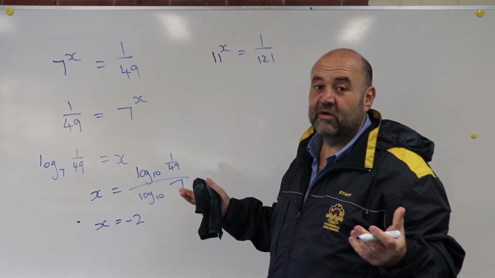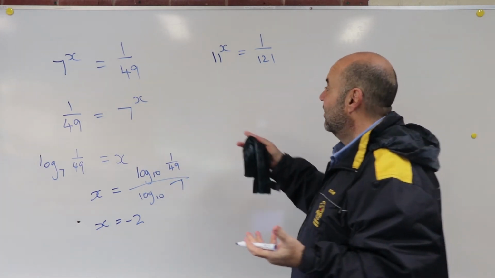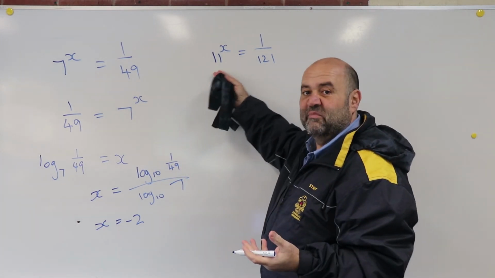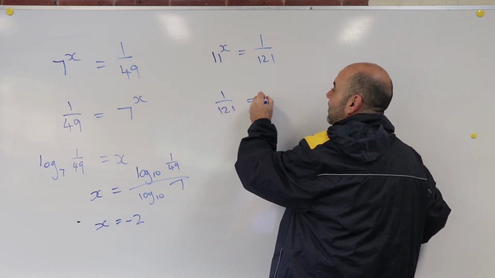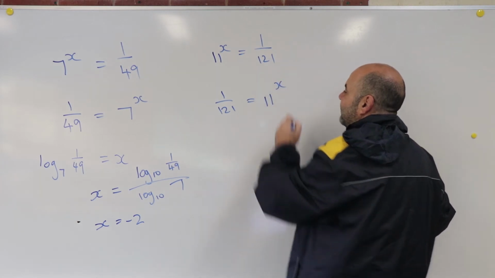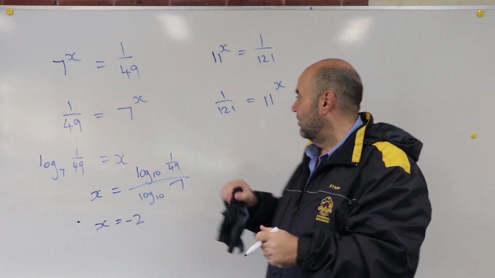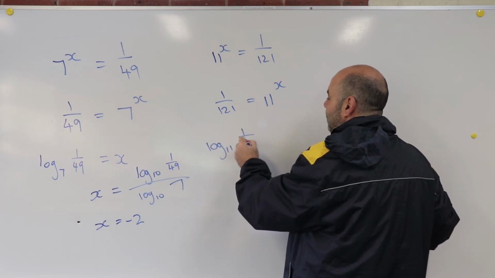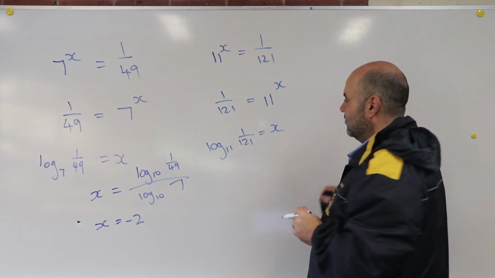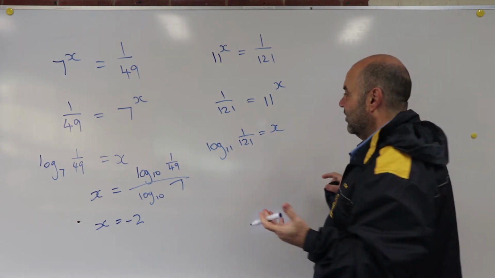So I'm going to do exactly what I did last time. I'm going to reverse it. So I've got the exponential expression on the right hand side. So 1 over 121 is 11 to the power of x. Right? So log base 11 of 1 over 121 equals x. So then I get my calculator.